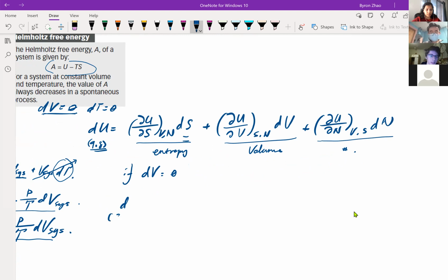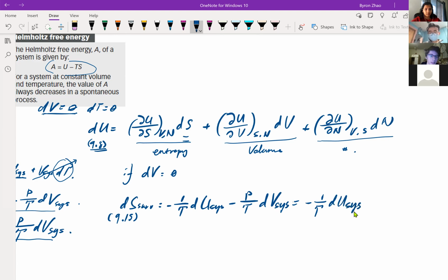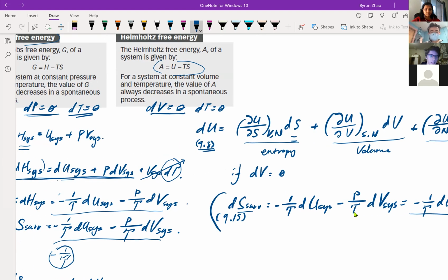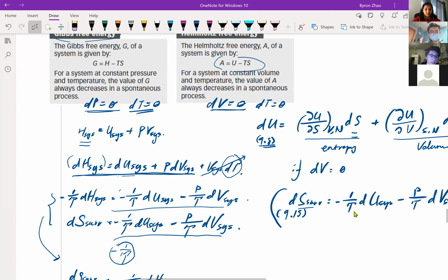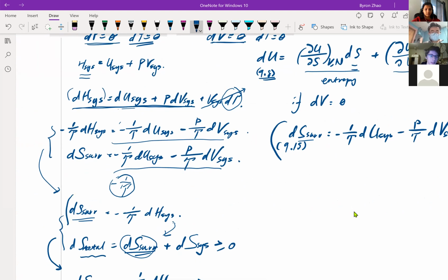with equation 9.15, dS surrounding equals negative 1 over T dU system minus P over T dV system, which equals negative 1 over T dU system. So as you can see, this equation looks really similar to the equation that we came up with.